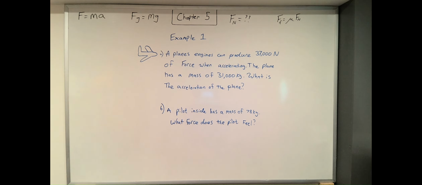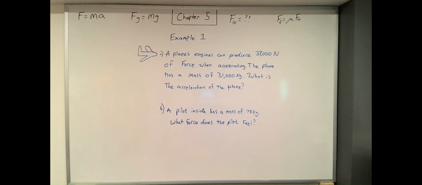So to figure out what kind of force the pilot feels, like the G force or whatever you want to call it, of them being pushed back in their seat as the plane takes off, we can figure that out. Now that we know that the plane has an acceleration of 1.194, we can look at what the pilot experiences with that same acceleration, since they will be in the plane.